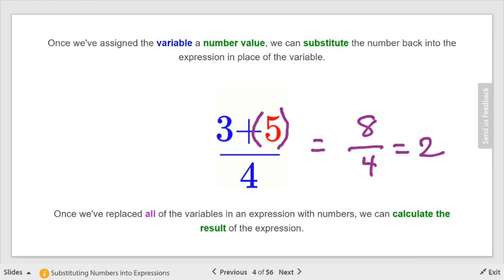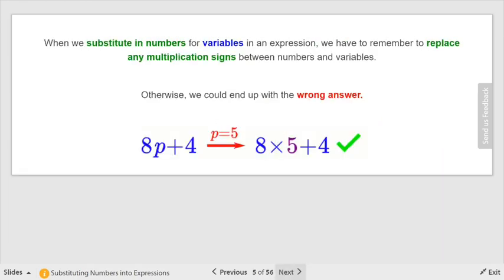But in this case, the reason they didn't is because 3 plus 5 is a really simple expression. And since it didn't mean multiply, they didn't worry about it. But I would rather you use them, because it's never going to be wrong to use too many, but it is wrong if you use too few. Okay? And we'll look at some examples to show you that.